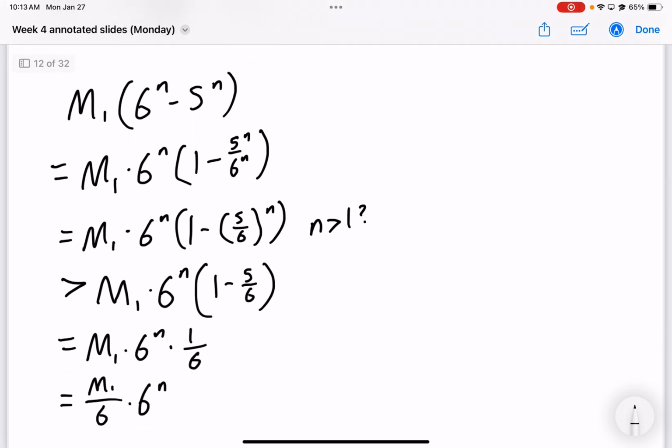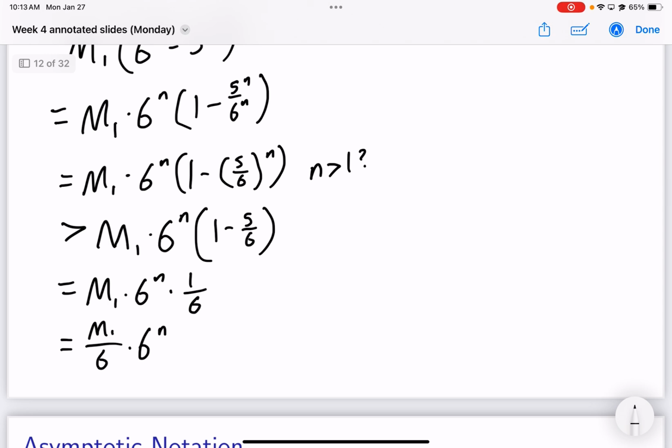But we can't divide by a power of n or do a logarithm yet. So we're going to do one more little refinement to make this easier to compare. And that's just to split up 6 to the n into 2 to the n times 3 to the n.